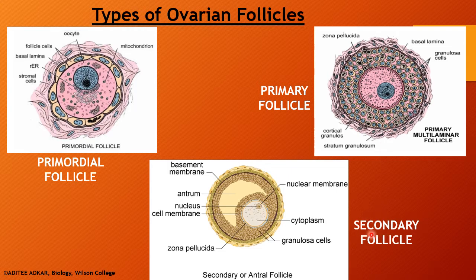As it changes into the secondary follicle, many small fluid-filled cavities appear in the follicle, and later all those fluid-filled cavities combine to form a single large cavity which is known as the antrum. The antrum is a cavity filled with fluid, and here this is the developing female gamete or the oocyte. This structure is the secondary follicle.